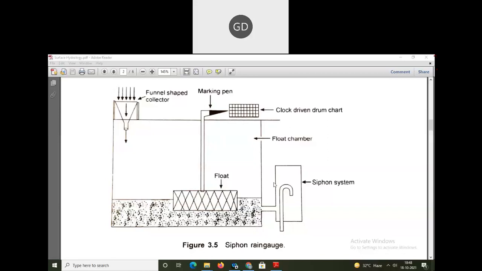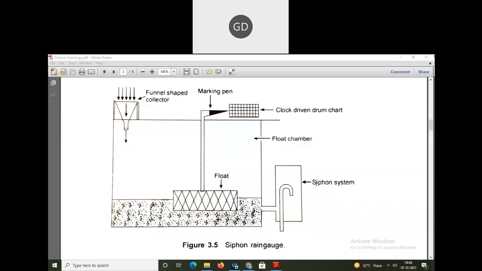This pen works through a lever system, and whenever the float reaches the maximum level, the siphon arrangement here comes into action. The siphon empties the float chamber by siphonic action.